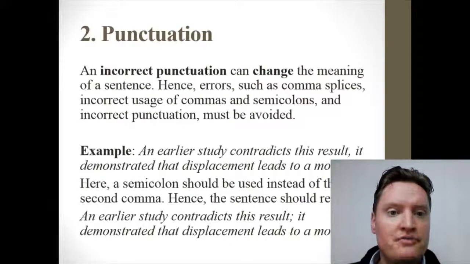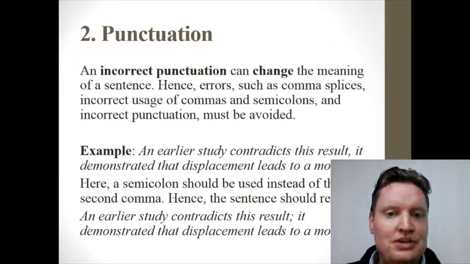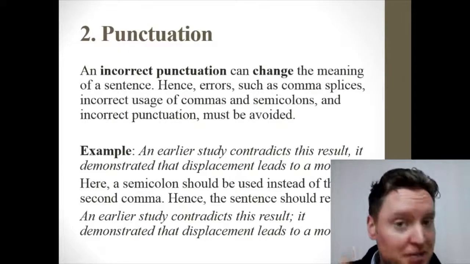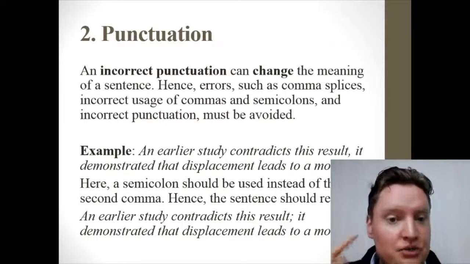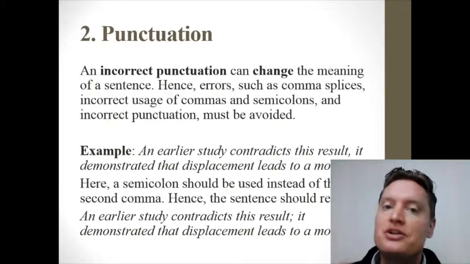Let me talk about punctuation for a few minutes. Incorrect punctuation can change the meaning of a sentence. So errors such as comma splices, incorrect usage of commas and semicolons, and incorrect punctuation must be avoided.